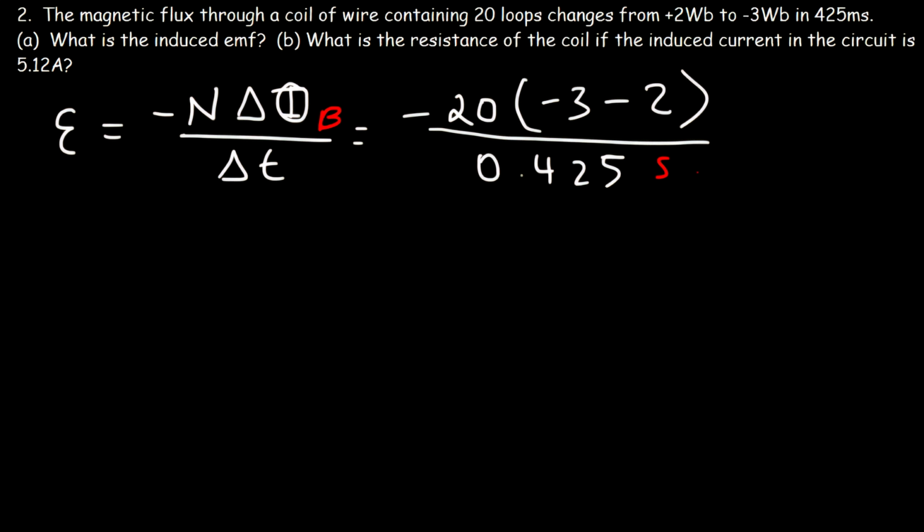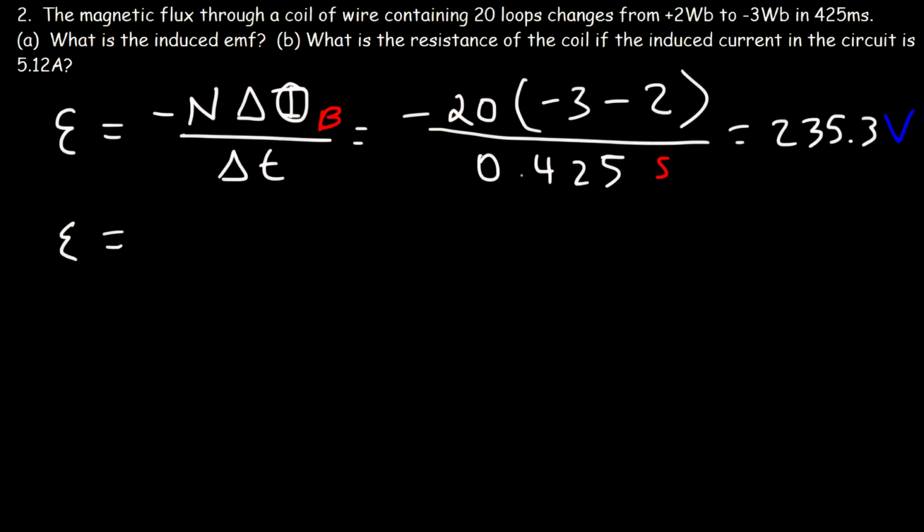Negative 3 minus 2 is negative 5. Negative 20 times negative 5 is positive 100. And if we divide that by 0.425, the induced EMF is equal to 235.3 volts.